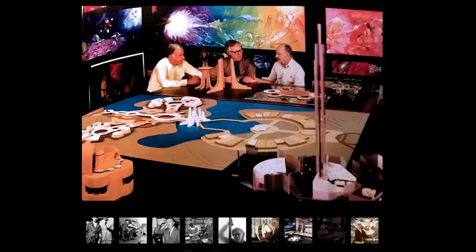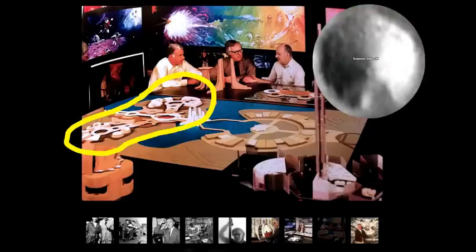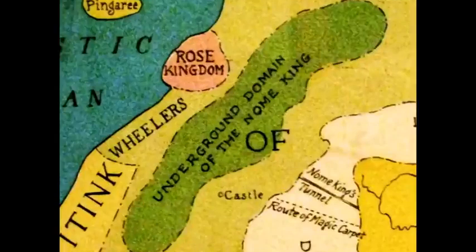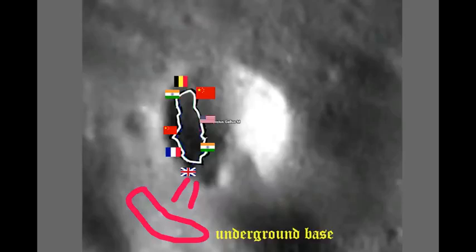But this photo is telling us another story. Look at this structure. Underground domain of the Gnome King. Well, well, well. There appears to be an underground base.